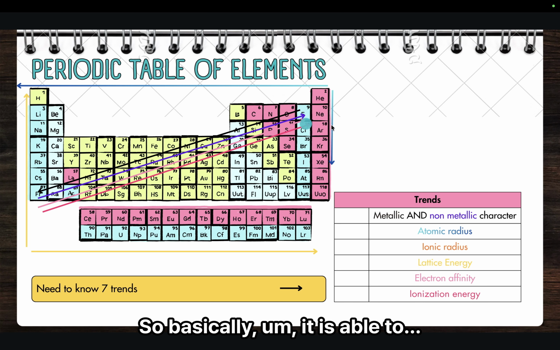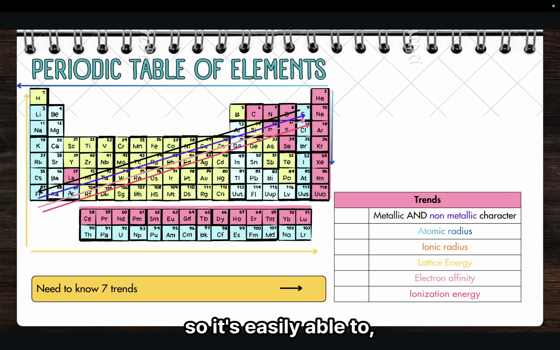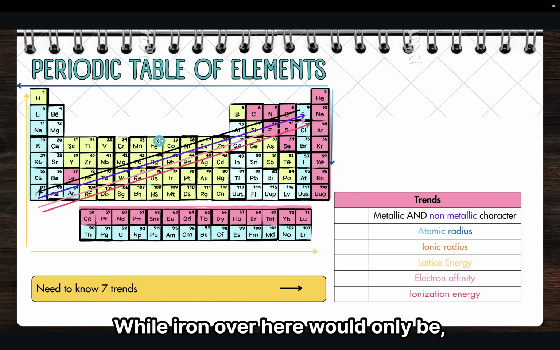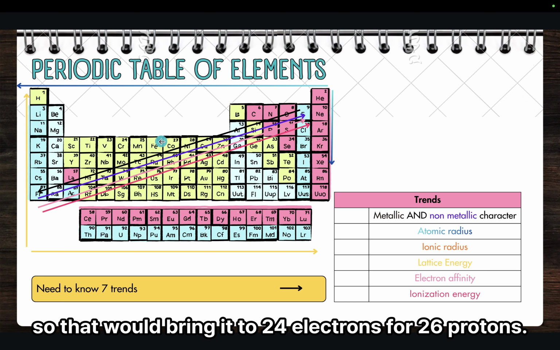So basically, once it loses 3 electrons, it has 10 electrons and 13 protons, so it's easily able to pull in all of those, very few honestly, electrons and make a very small atom, while iron over here would be losing 2 electrons, so that would bring it to 24 electrons for 26 protons.